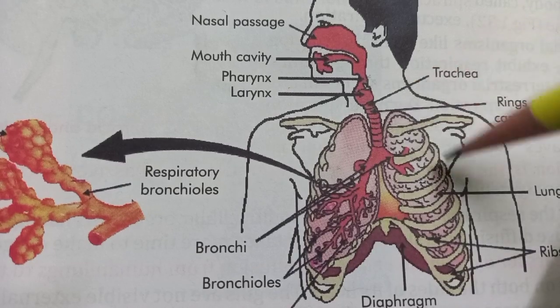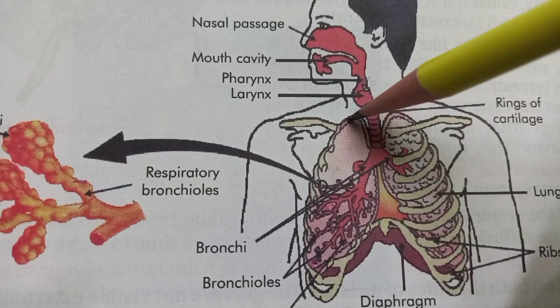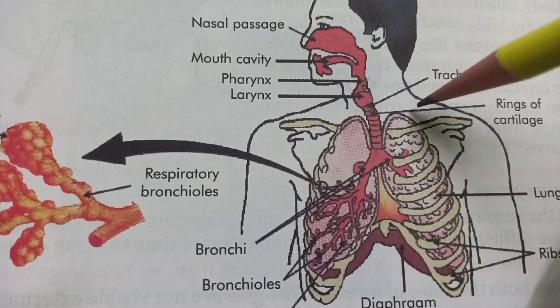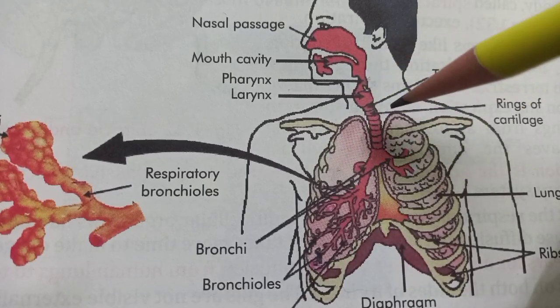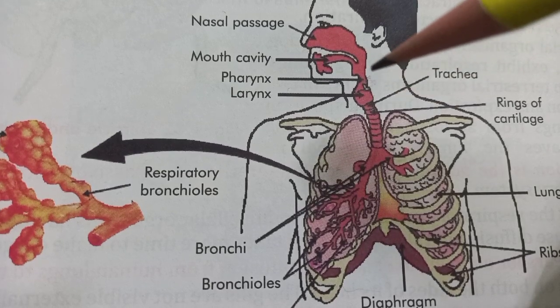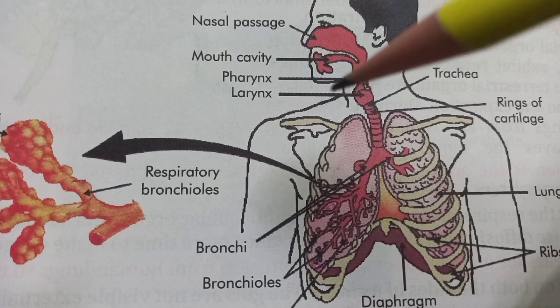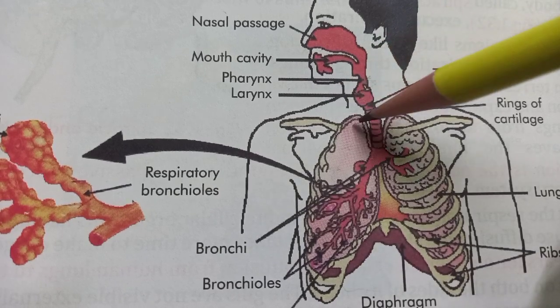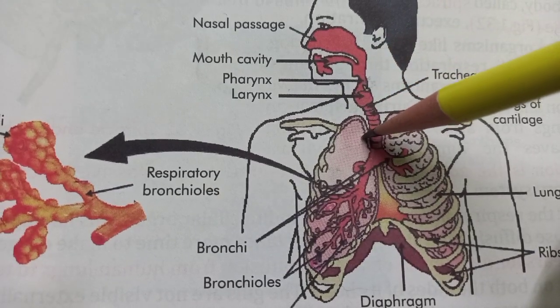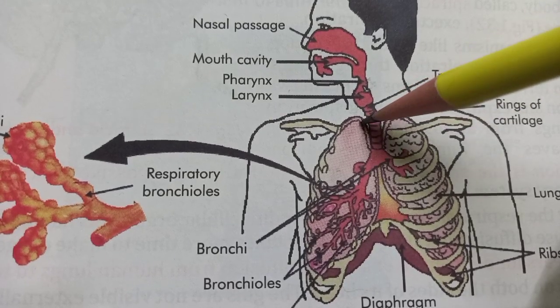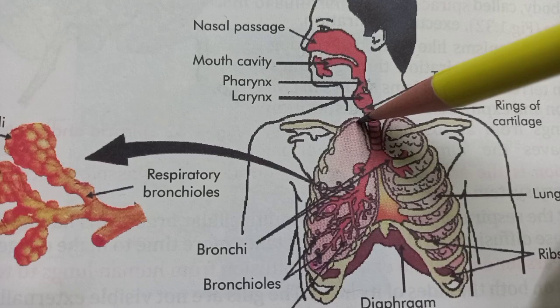Each lung is surrounded by a layer of membrane, that is a bilayered membrane, that is known as pleura or pleural membrane. The inner layer of the pleural membrane is called the visceral membrane, and the outer one is called the parietal membrane.